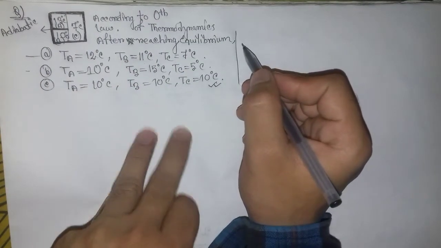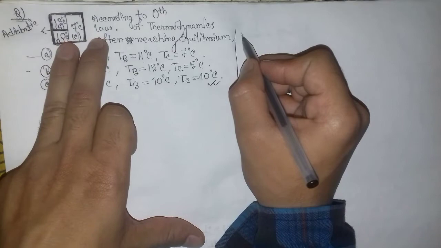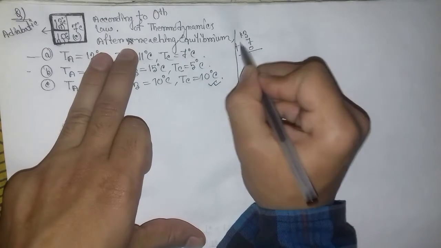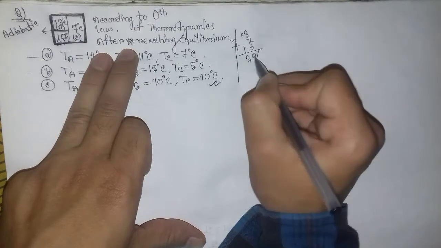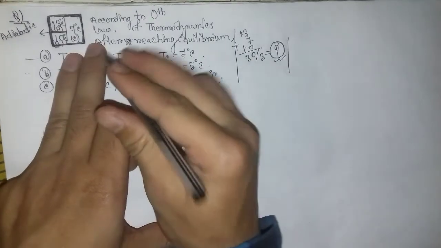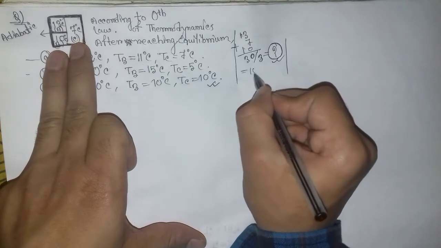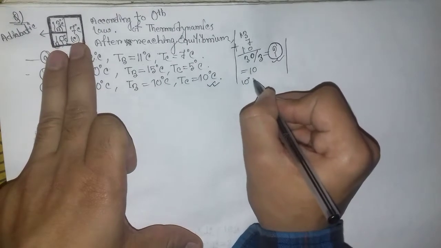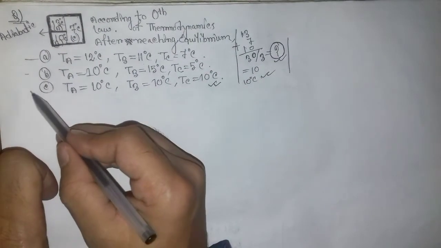In this kind of question, first you have to sum all of the given initial temperatures, that is 13, 7 and 10, and divide by the number of systems. In this case the total is 30, and dividing by 3 equals 10. That means all of these bodies became 10 degrees centigrade after achieving equilibrium according to the Zeroth law. So our answer is option C.